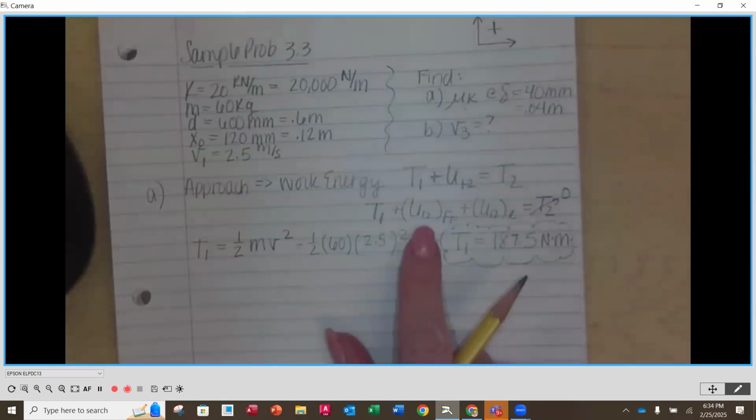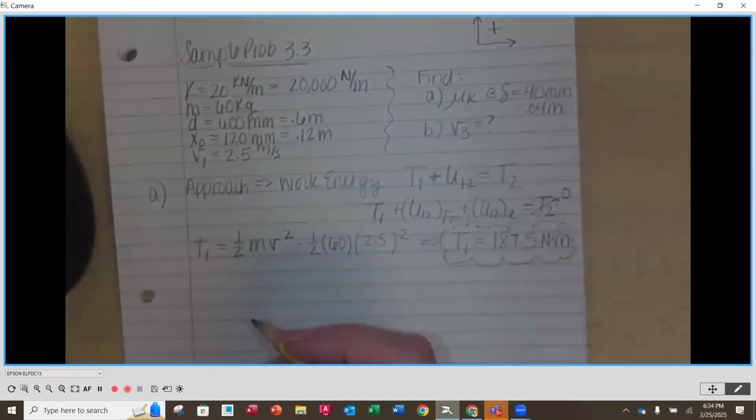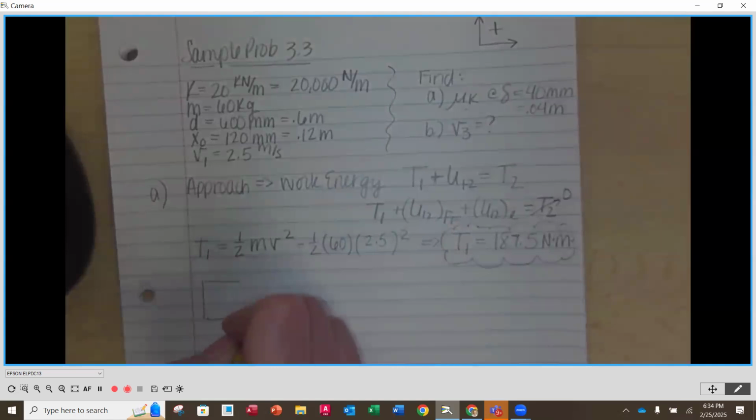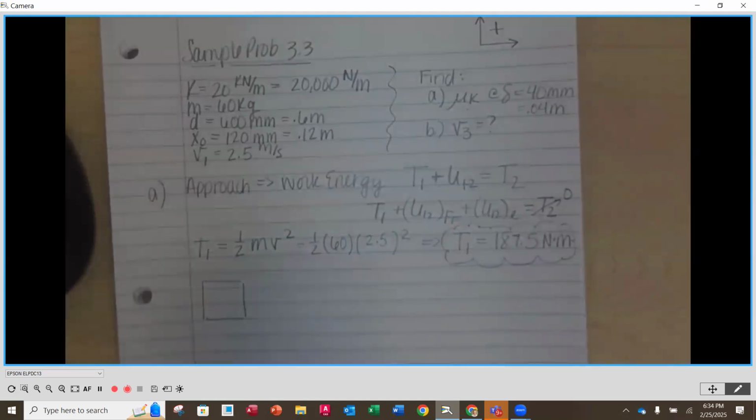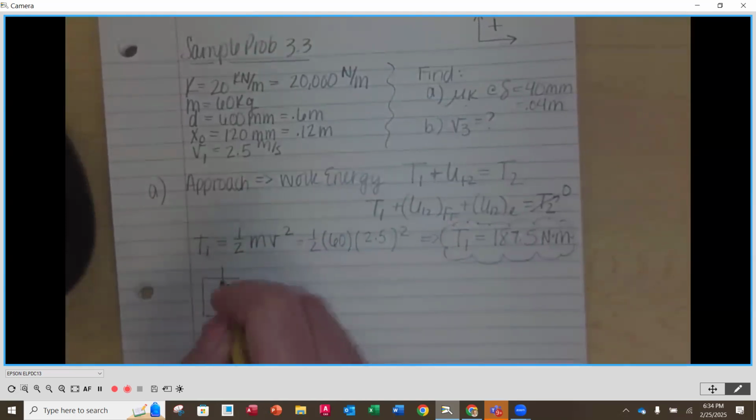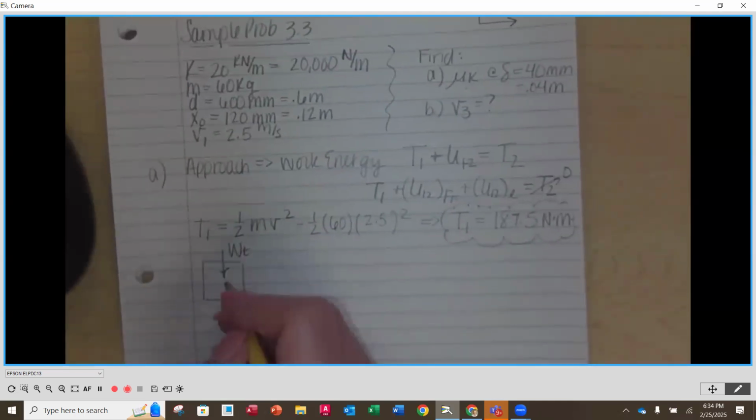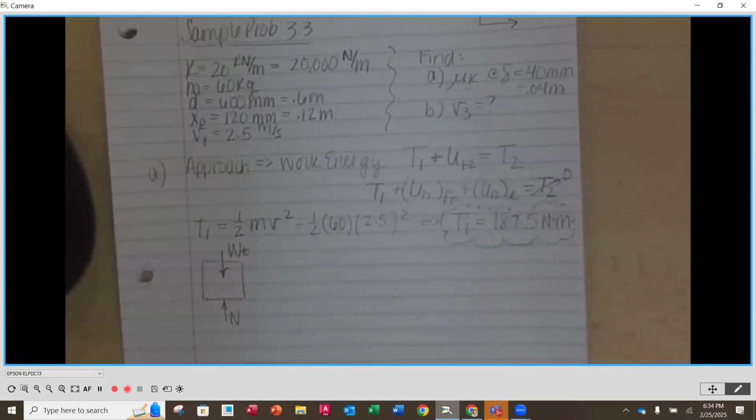The next part that I have here is going to be the work done by the friction force, okay? So I am going to draw my block, okay? And I know that on my block, I have the weight of my block, WT, going down, and I have a normal force going up, right? Now, this is going to be moving to the right, okay?